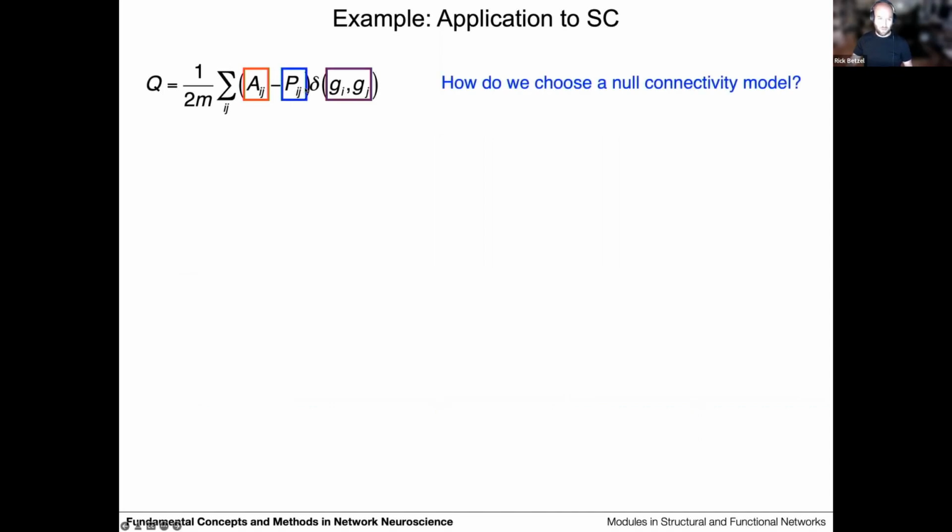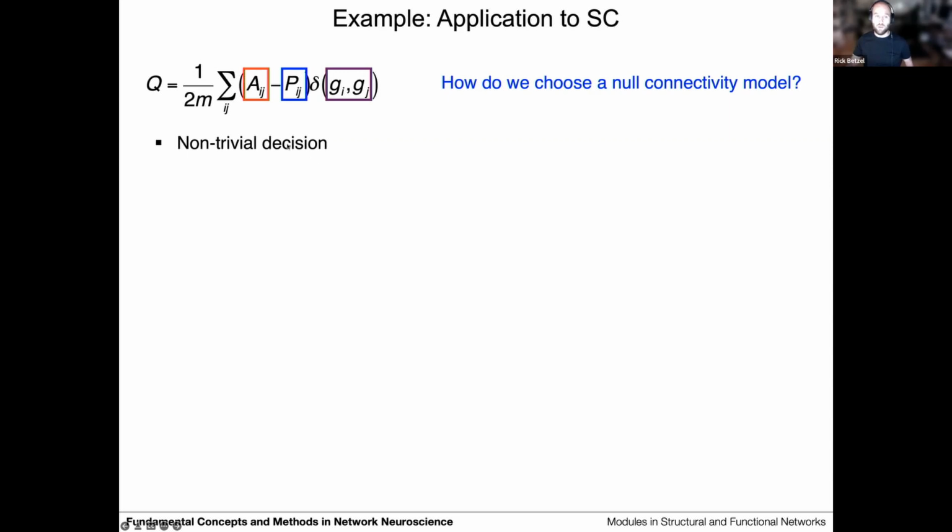But there's this kind of complicated or a bit opaque term, the expected weight of the connections. It's based on a null connectivity model. And we're left with this question of how do we choose our null connectivity model? Is there a right or wrong answer? Are there some models that we should avoid? As you might imagine, this is a non-trivial decision.